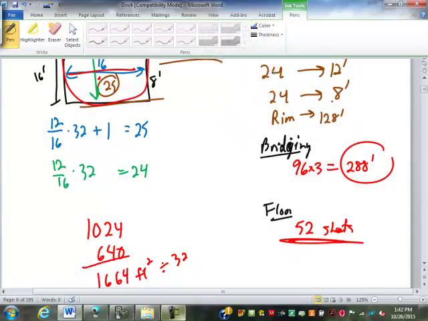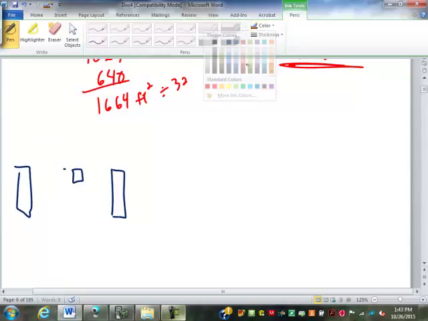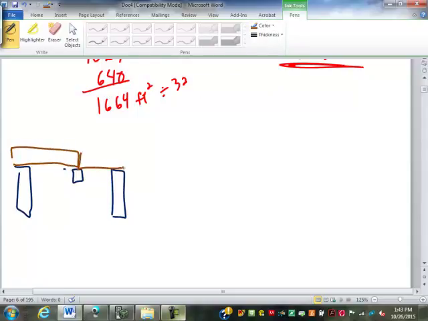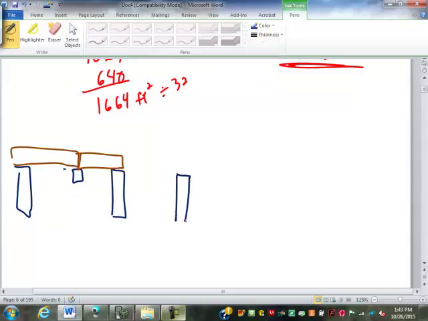Question came up. Would you get in trouble if you put, instead of doing 12 and 8, if you did 20 footers all the way across, like this?